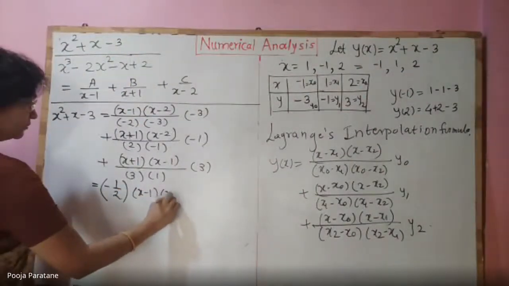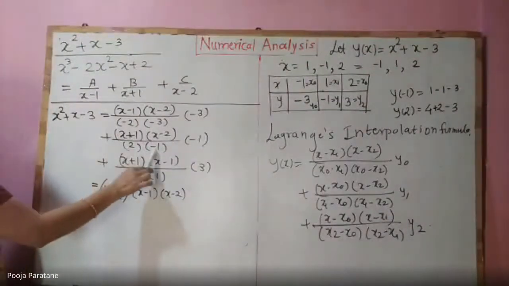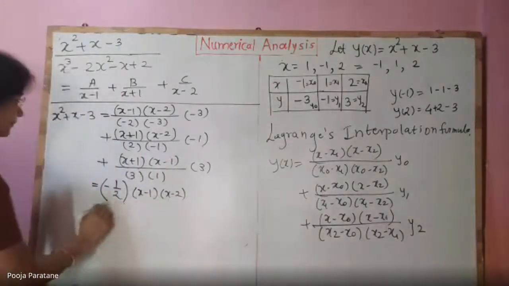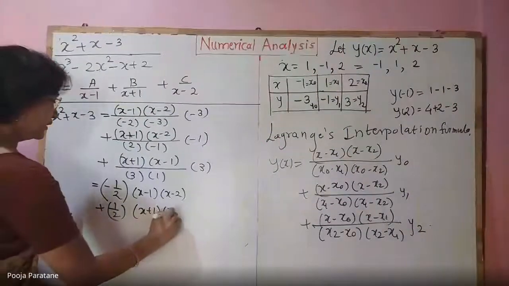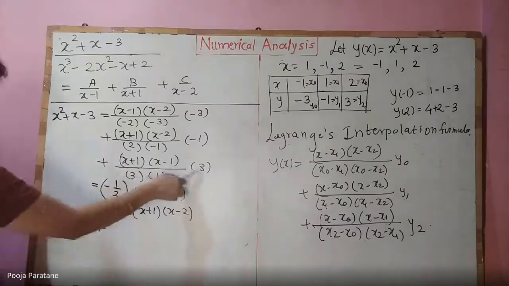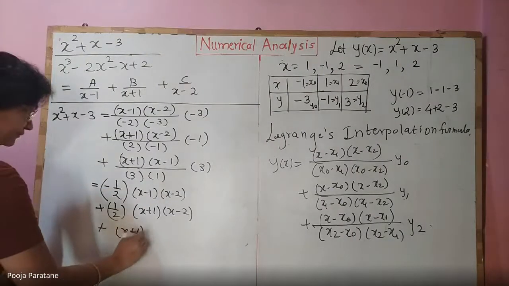Put it as it is, do not multiply there. Then here minus 2 you will get, and here minus, so it will become plus, so plus 1 upon 2, x plus 1, x minus 2. And for the last term, 3 and 3 will get cancelled, so the coefficient is 1, so no need to write that 1.